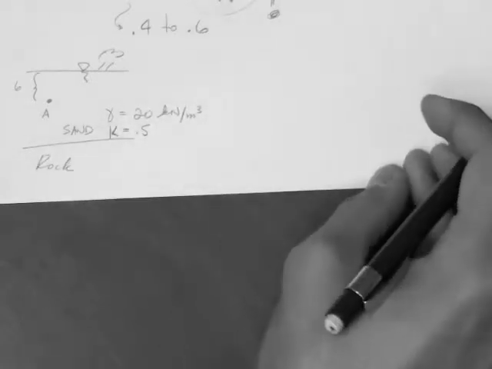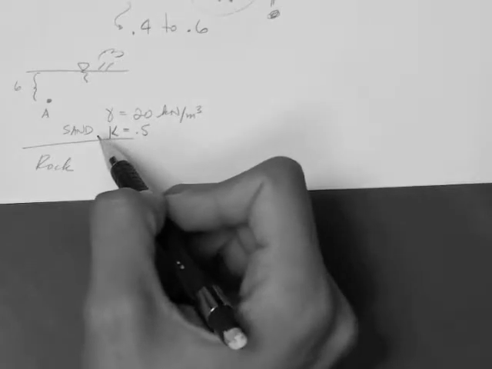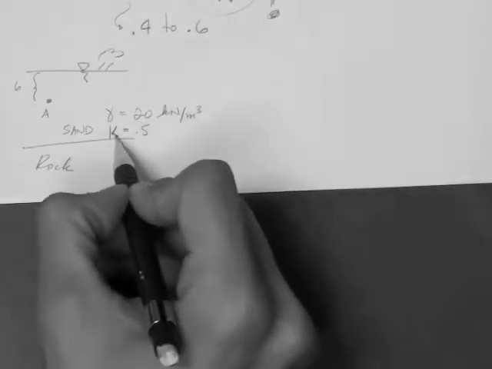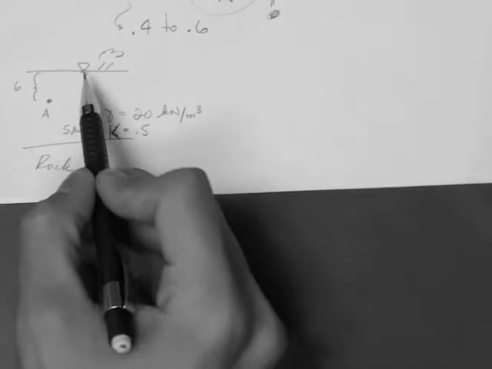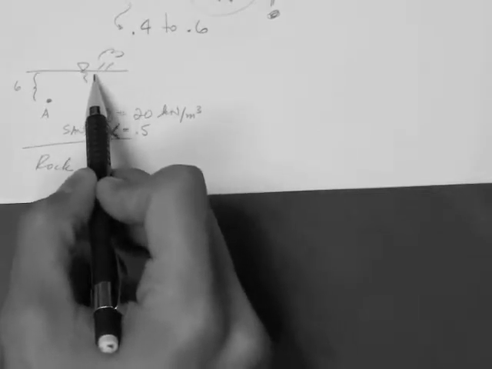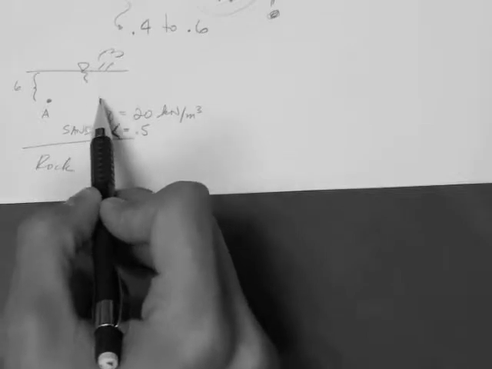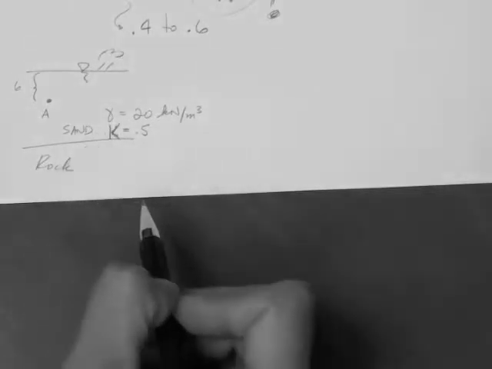Okay, so before we continue, notice that the whole layer is assigned a value of K. Now this may not be the actual truth in the site or at the site in nature, right? The K can actually vary with depth. So K up here could be like 0.6, then over here it could be 0.4, then down here it could be 0.5, and then 0.6 again, etc. Right?